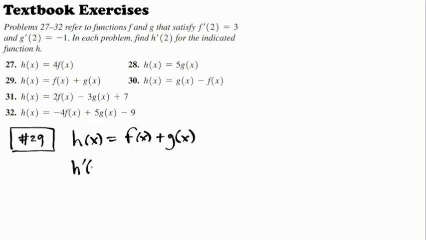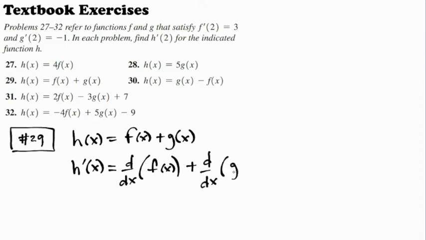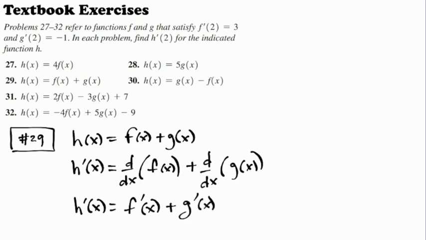And if we evaluate h prime of x, that means we're taking the derivative of each term inside of h of x. So therefore, we have h prime of x is equal to f prime of x plus g prime of x. And once again, we're asked to evaluate h prime of 2. And since I replaced the x with 2 in h prime, I have to replace all x's with 2.